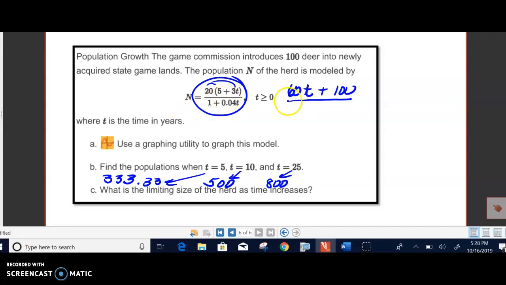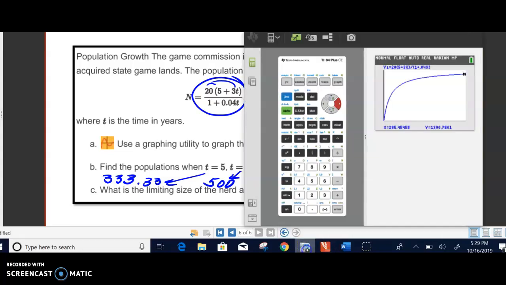I'll put the variable first here as 0.04t plus 1. And if I want to find the horizontal asymptote, since the 2 degrees are equal, it would be 60 over 0.04. That's where our horizontal asymptote would be. Y equal to 60 over 0.04.